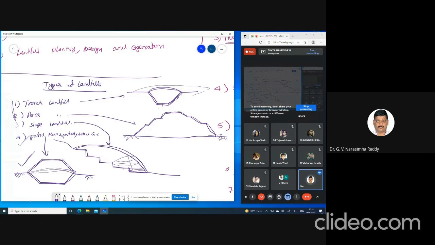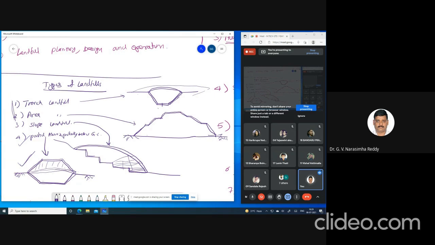So that means you are utilizing so much volume here, right? This is a huge quantity. So per unit area, you can store more waste because the cost of land is high, especially since you need landfills in cities. In cities the land cost is huge, so you should try to utilize it to the maximum extent.